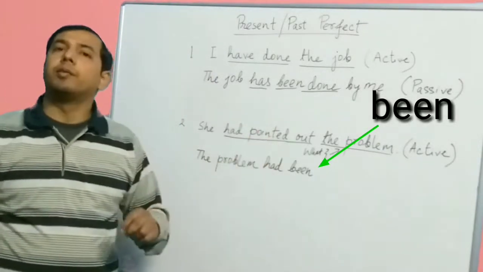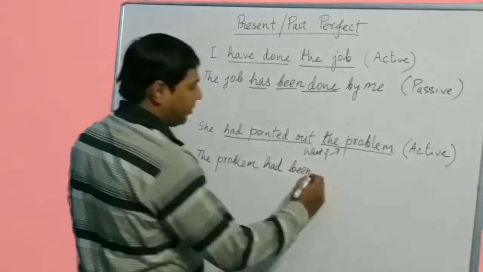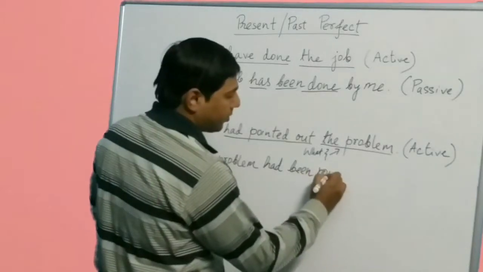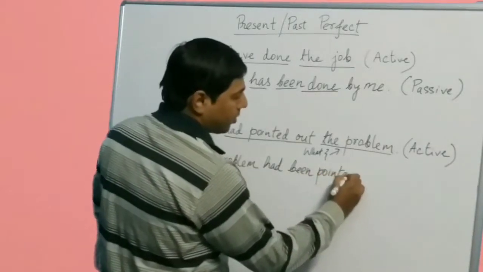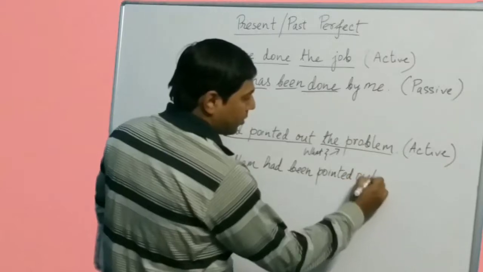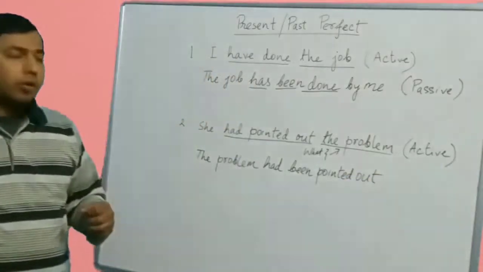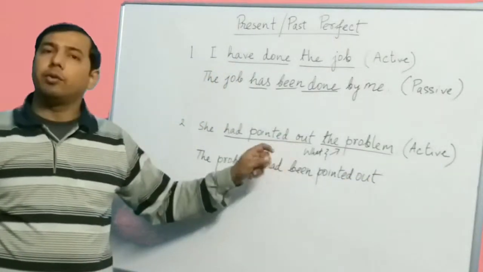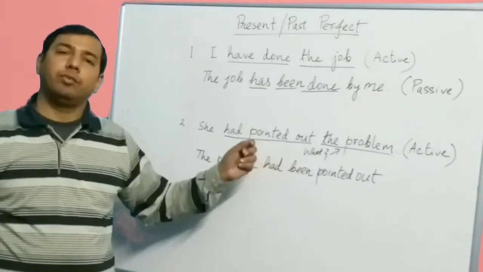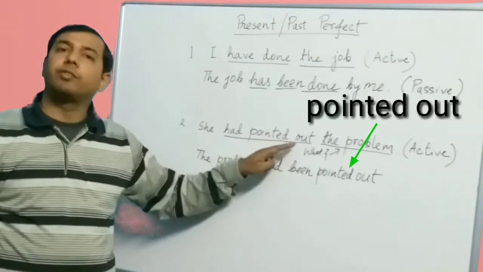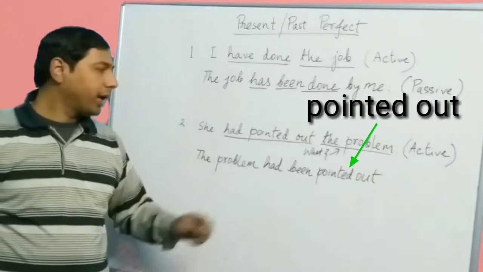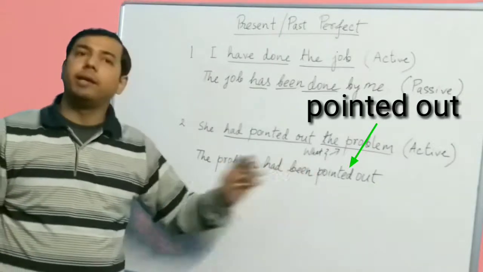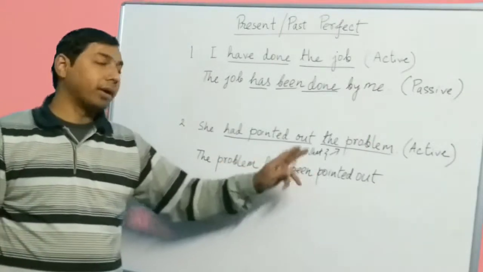Now the verb or the verb phrase. Don't forget, here pointed out, this phrasal verb, actually makes sense together. So you cannot just write had been pointed. You have to write had been pointed out.